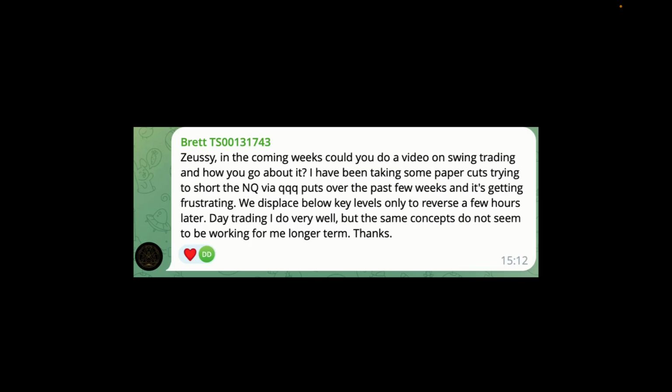No, it was not, because intermarket relationship has been absolutely bad when it comes to looking at, for example, the index futures in correlation to the dollar. And because that is the case, the probabilities of swing trading decrease significantly. That's why we also saw some very nasty delivery profiles on the higher time frames. But a swing trading model will be shared one day.